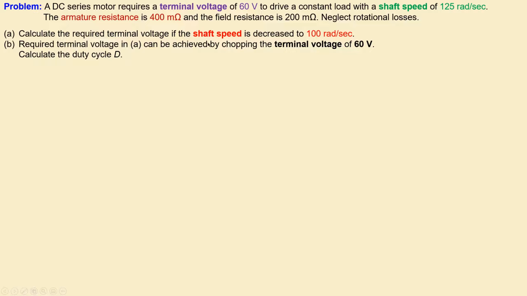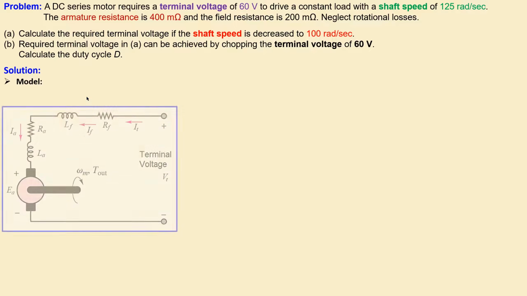So we create what we need in question A by chopping the terminal voltage given here as 60 volts. The problem now is, what is then the required duty cycle D? Okay, let's look at our solutions and work this out step by step.